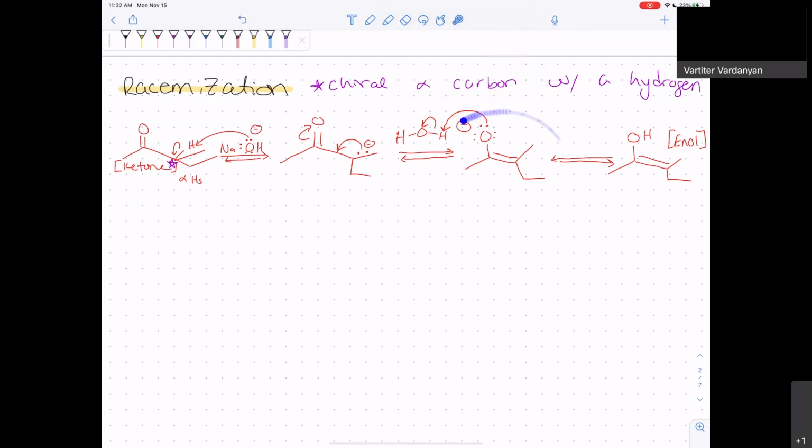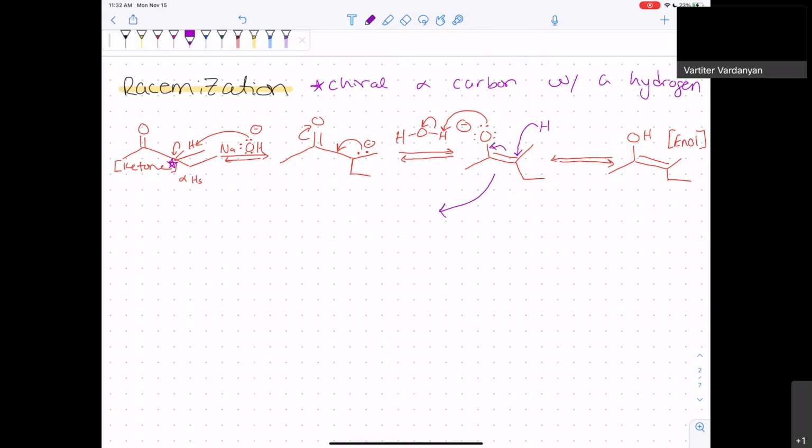At this point, we're going to do the backwards reaction. If we were to go backwards instead of forwards, this H would come in, attack here, and move this back. That's a really ugly arrow.